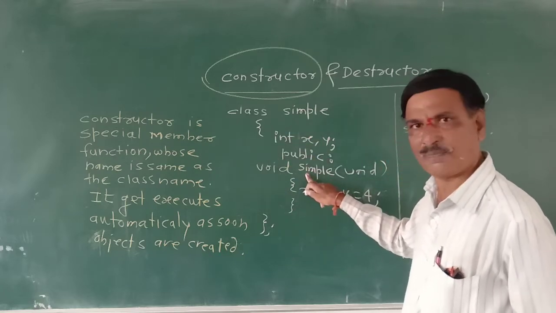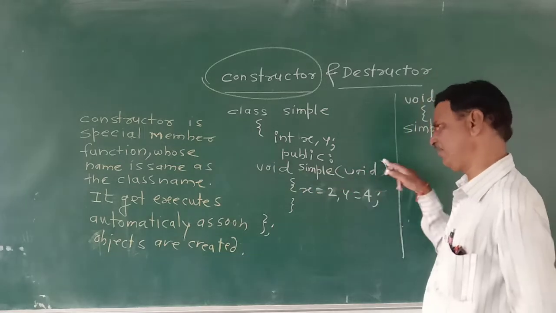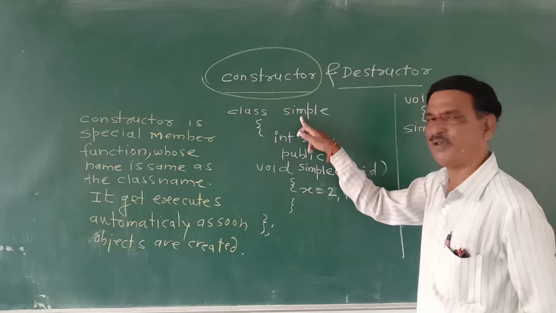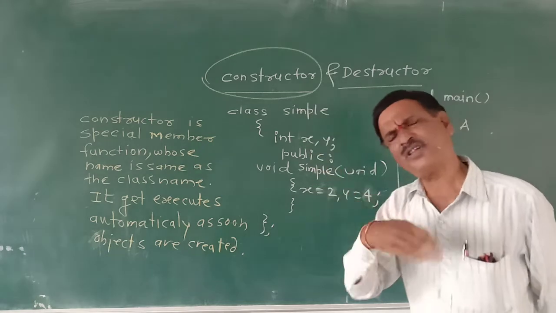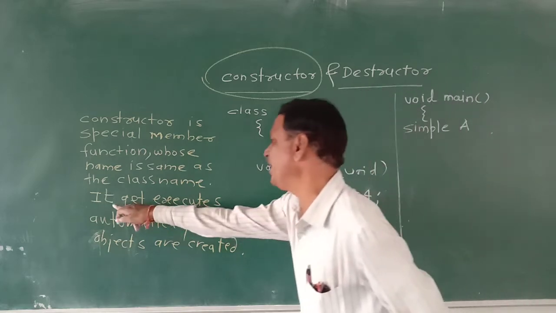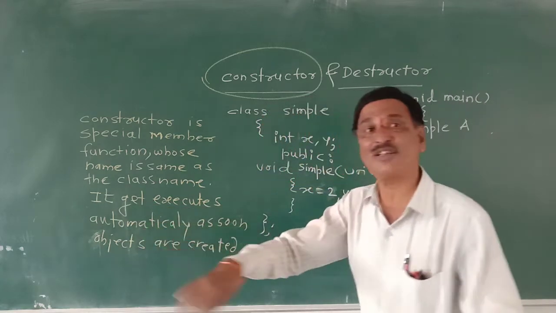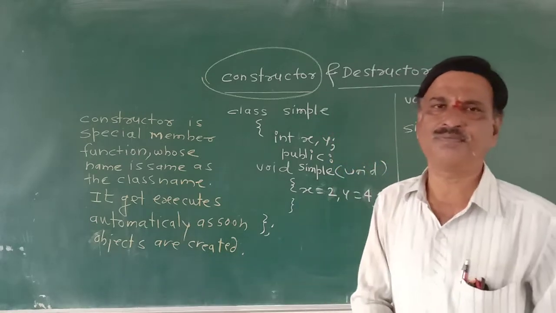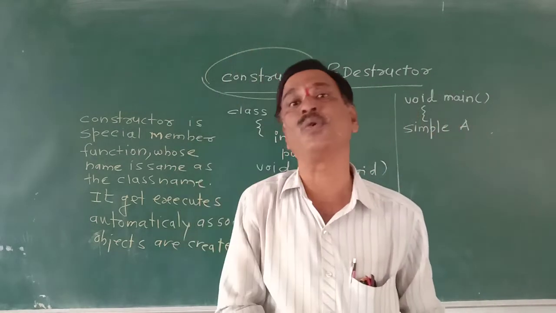How can you say this is the constructor? Its name is same as the class name. Class name is simple, and the member function name is also simple. So it is a constructor, and it executes automatically as soon as the object is created. So what about the ordinary member function? Ordinary member functions are necessary to call.